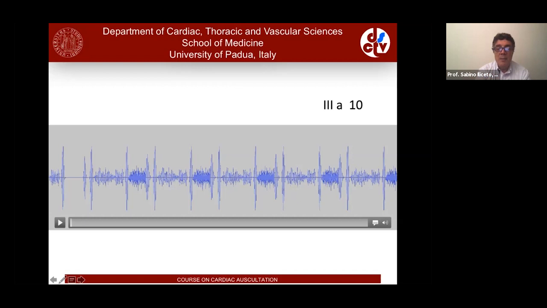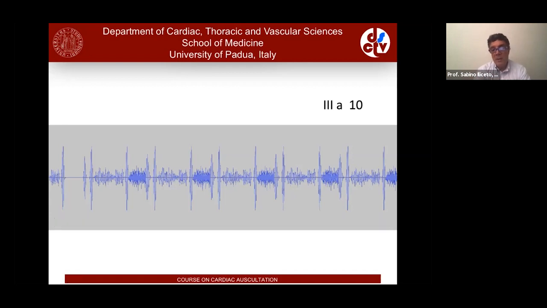And this is what happens in systole, this is what happens in diastole. That's the reason why this systolic murmur is better appreciated than the diastolic murmur. So you have to be concentrated, and you will listen a complete mitral stenosis and mitral regurgitation, which is not uncommon in a patient with rheumatic valve disease.